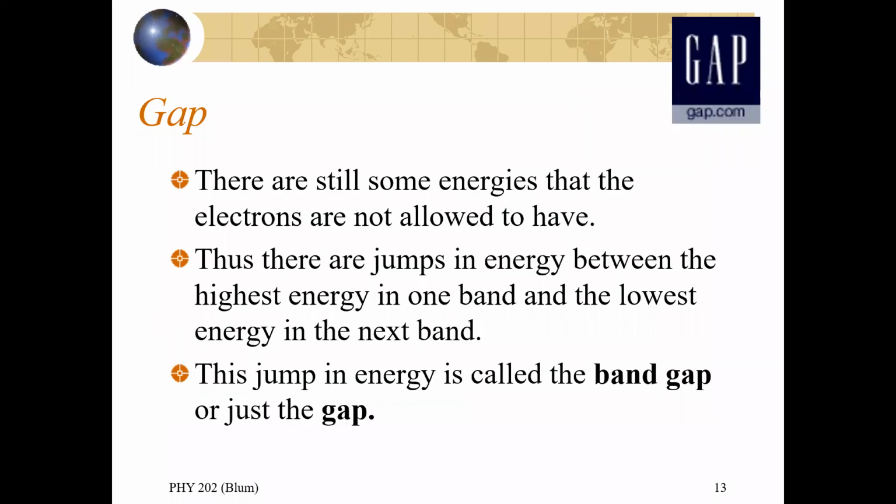Okay. So let's say we all get together and our 1s's are all affected by each other, and our 2s's are all affected by each other. So there's a set of levels near our 1s, and there's a set near our 2s, but there's still some space where you can't be.